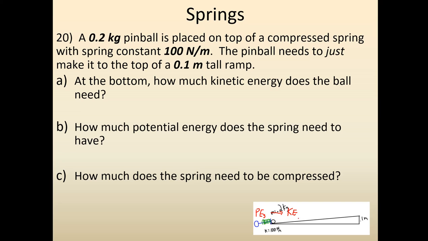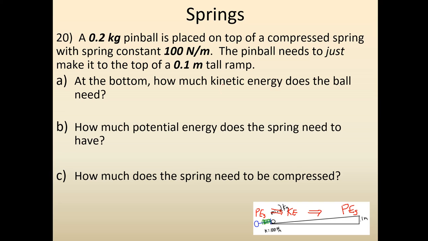And as it goes up the ramp, it starts losing this kinetic energy as it turns into gravitational potential. Because of the flow of energy going from spring potential to kinetic to gravitational potential, and there's no other forms of energy it could go to, we know that all these energies are equal to each other.